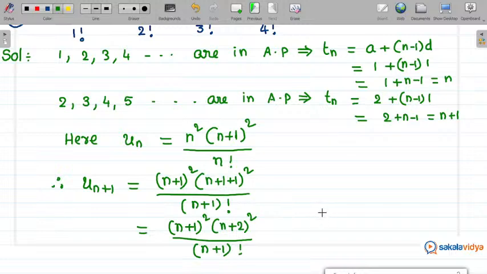Now we need to apply the D'Alembert ratio test. Actually, what we have here, the nth term is n square, n plus 1 whole square by n factorial, right.